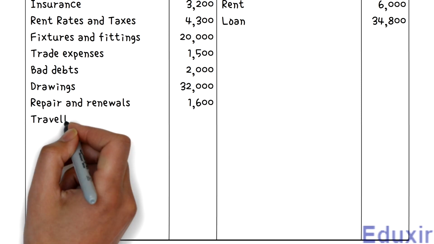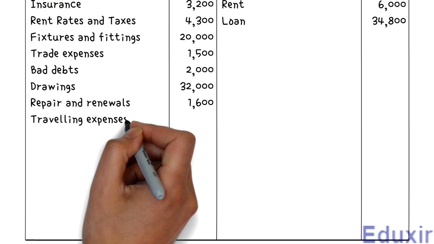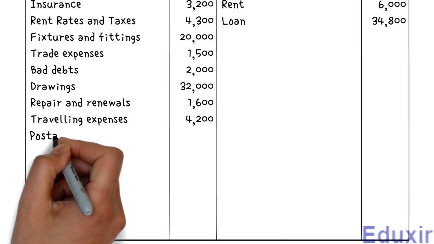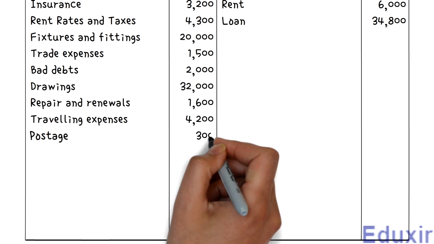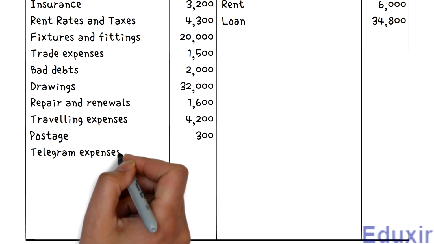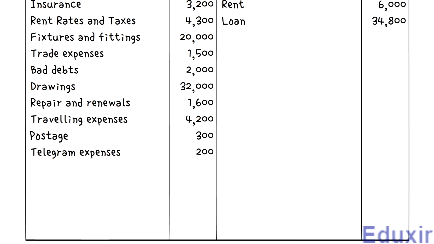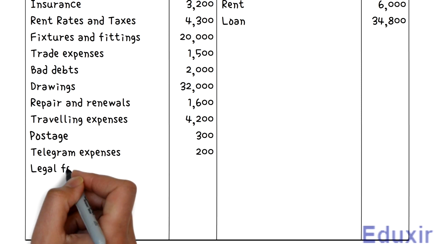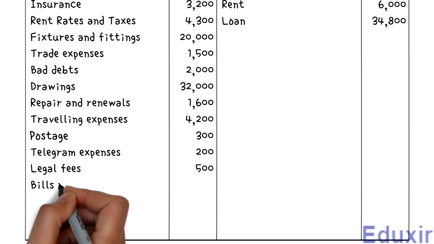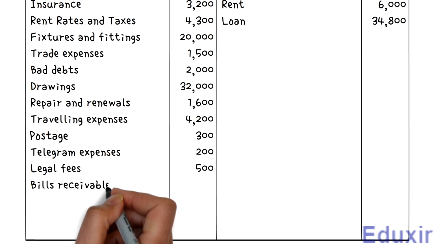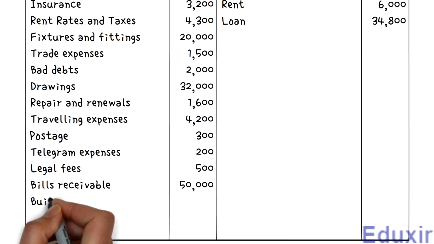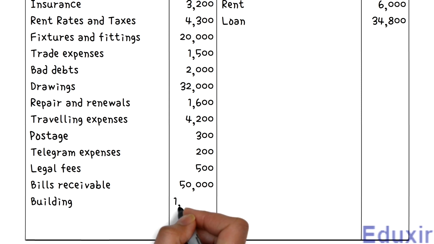Traveling expenses balance is 4,200 rupees. Postage balance is 300 rupees. Telegram expenses balance is 200 rupees. Legal fees is 500 rupees. Bills receivable balance is 50,000 rupees. Building balance is 1,10,000 rupees.